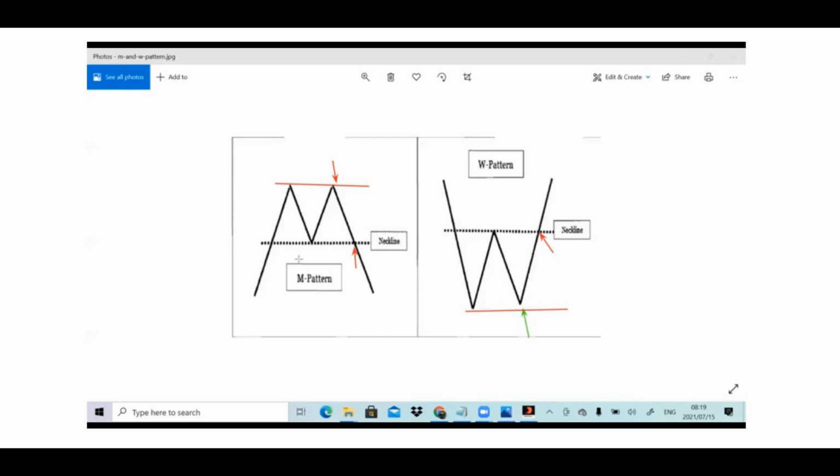That's the difference of double top and double bottom with M's. So basically, a double top is the formation of an M, a double bottom of a W. An M and W has formed.